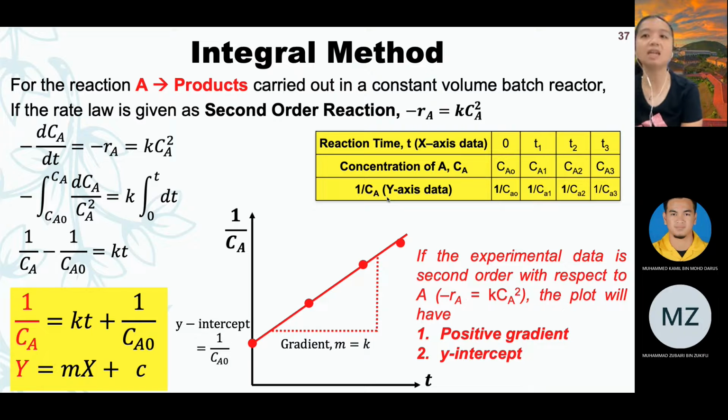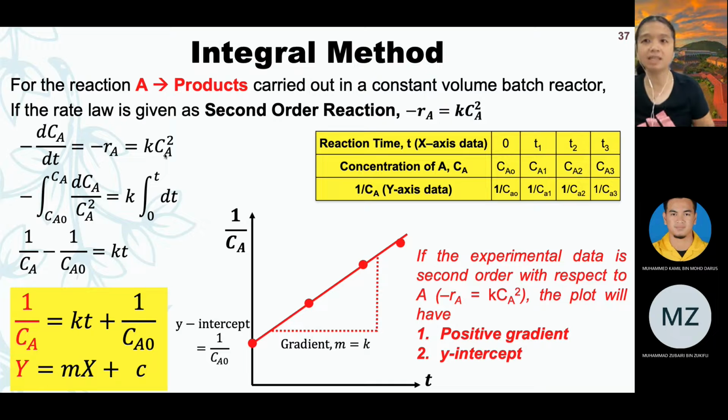So kalau second order reaction, so minus dCA per dt equals to KCA power of 2. So again, only and only if kalau reaction kamu second order, so kamu dapat negatif dCA per dt sama dengan KCA power of 2.